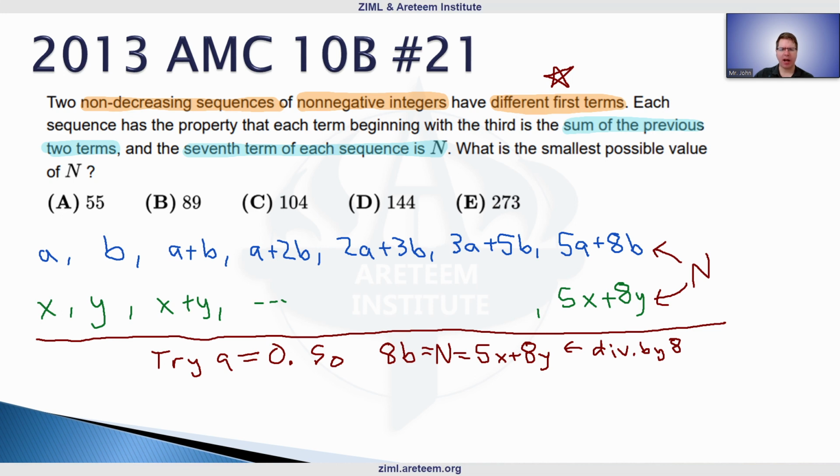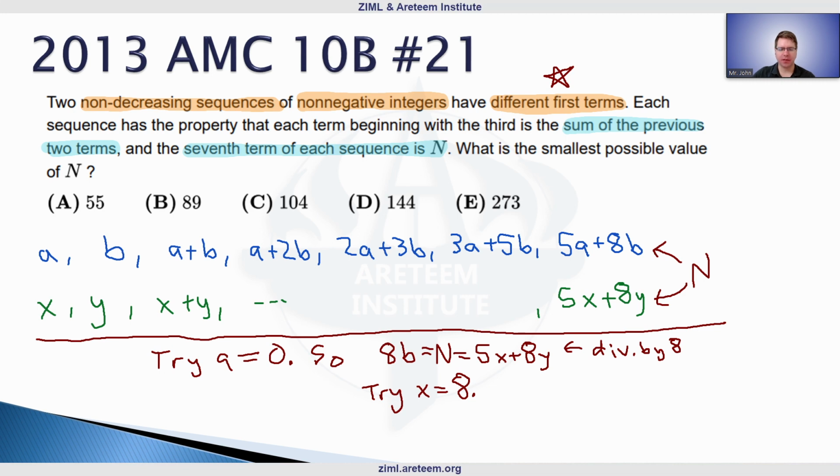So 5x plus 8y needs to be divisible by 8. Well, that tells us that x is divisible by 8, because the 8y is automatically divisible by 8, so the 5x has to be divisible by 8. The smallest value there is going to be x equals 8. So here then we try x equals 8 in this case.